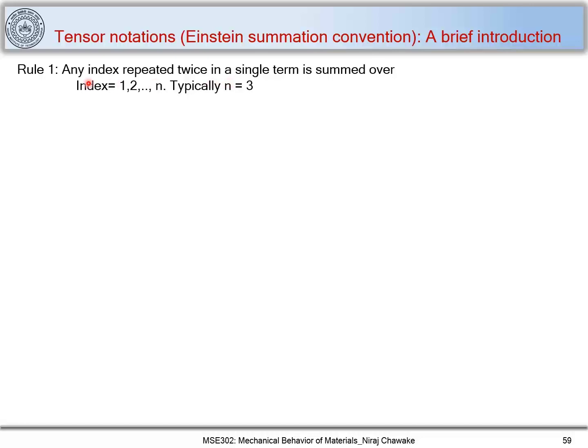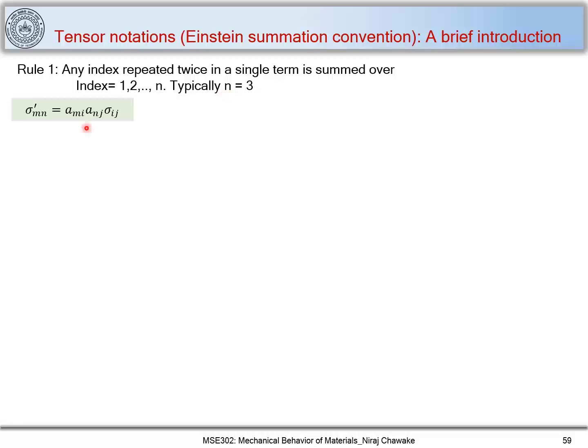There are different rules for this Einstein summation convention. Rule 1 is that any index repeated twice in a single term is summed over. It can sum over till n, typically n equal to 3, as I mentioned in an earlier slide, when we are dealing with 3D structures.